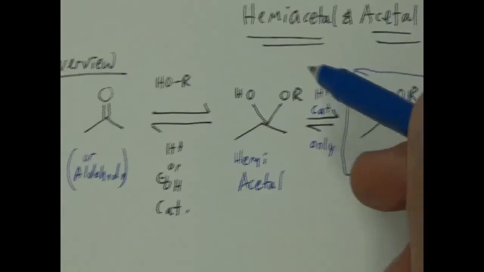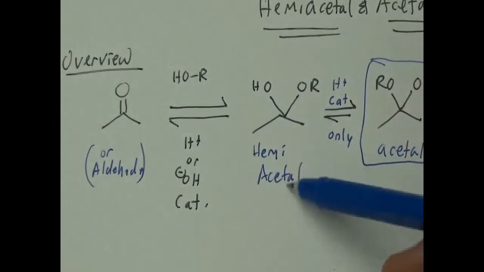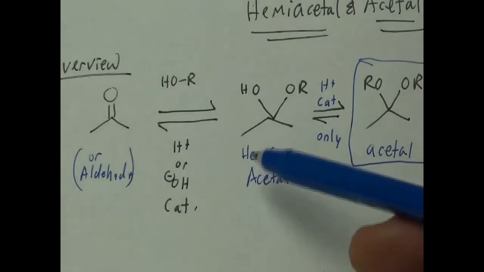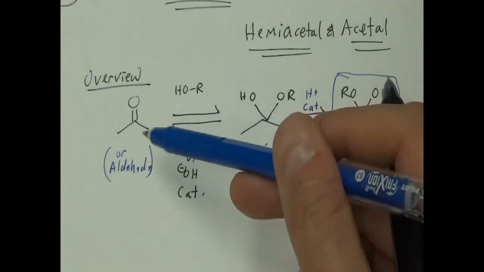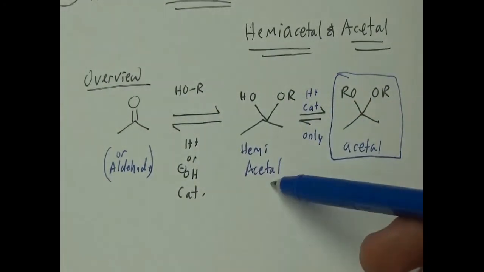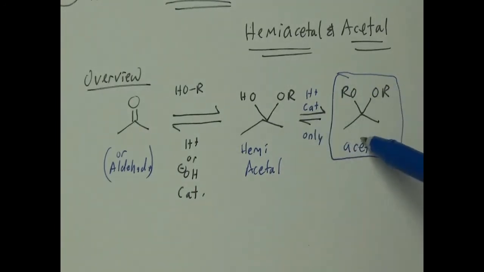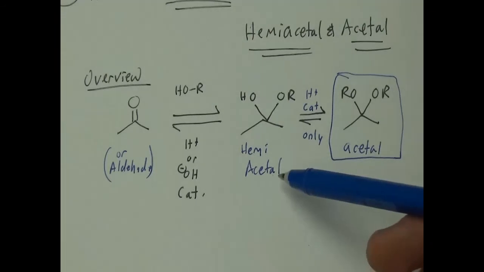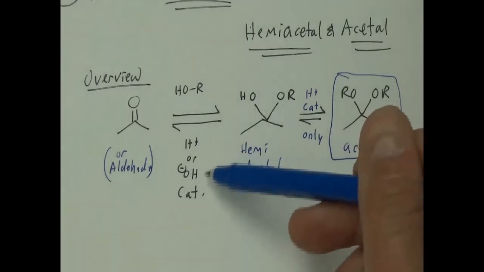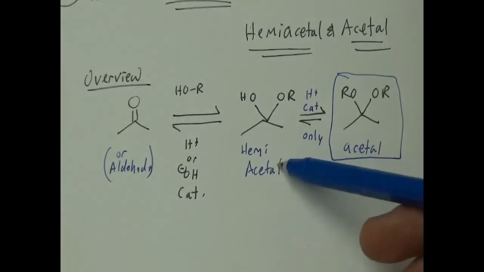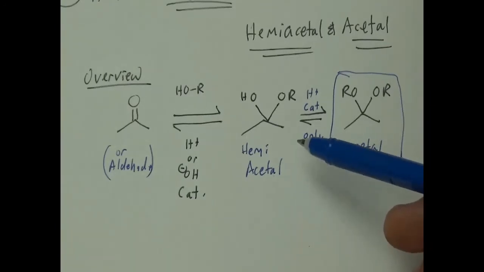The hemiacetal is kind of a middle point of reactivity. It goes from the ketone or aldehyde to the hemiacetal, and if you're using acid catalysis, it keeps going to the acetal. But if you're using base, the furthest it can get is the hemiacetal. Alright? Cool.